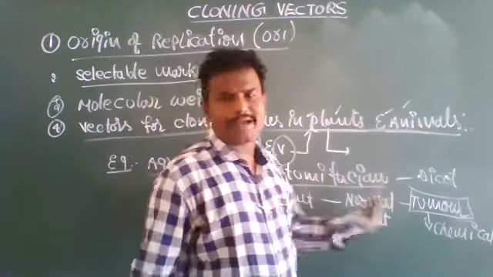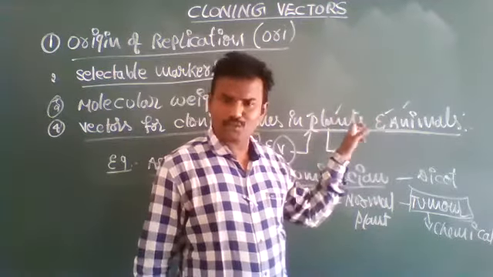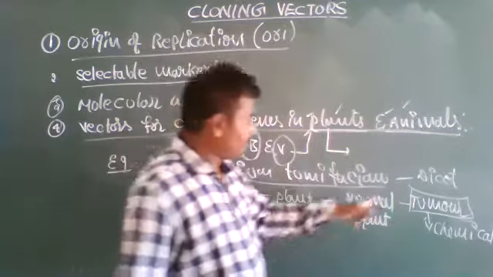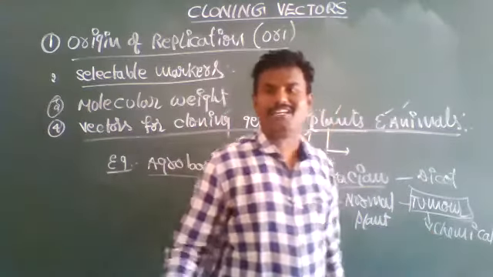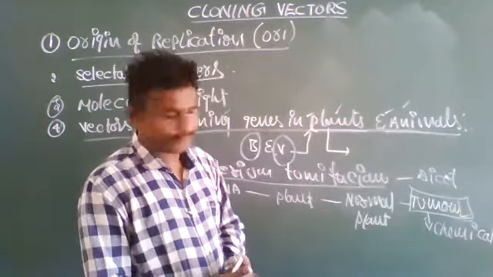In such a way, Agrobacterium tumefaciens forces the plant to do what the bacteria want. When tumor cells release chemicals, those chemicals are useful to the bacteria, and in such a way their population is multiplied.